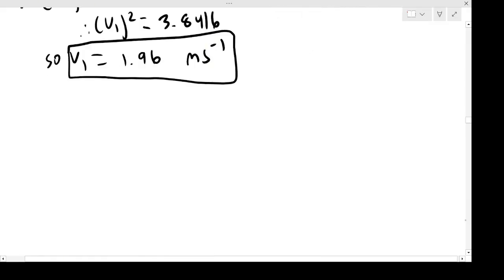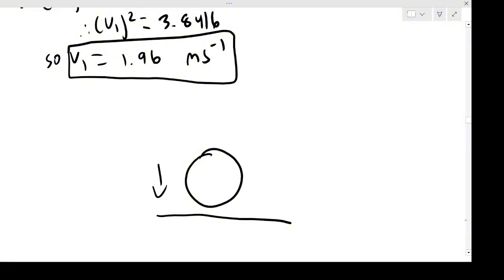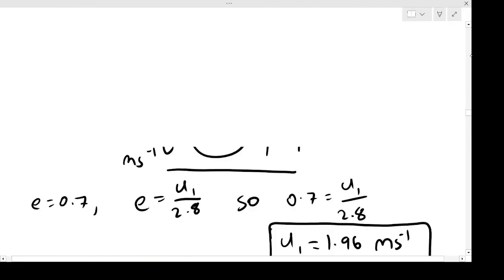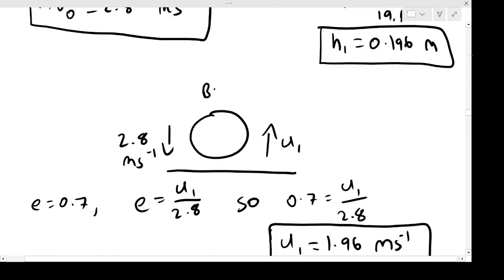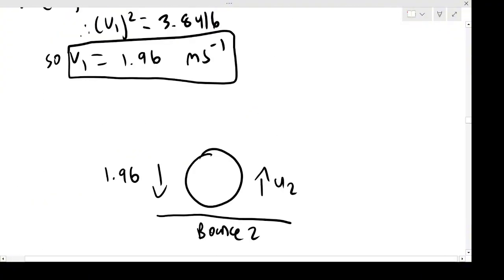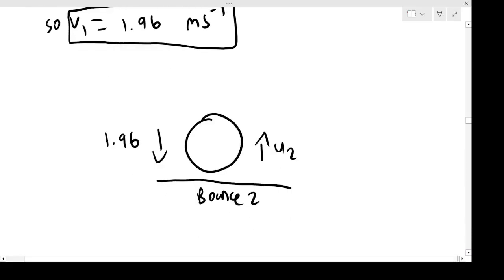Again, we're going to be using restitution. So for the second bounce now, it has speed 1.96 before, then afterwards the speed u2. I'll label this bounce 2, and this one bounce 1, if it helps. Now, again, E is 0.7.